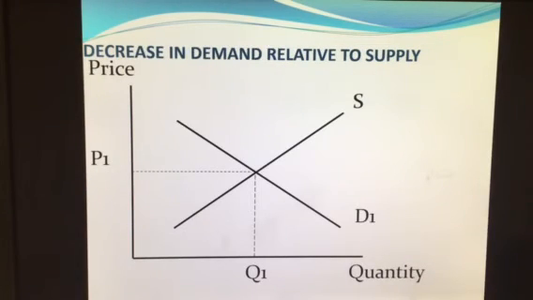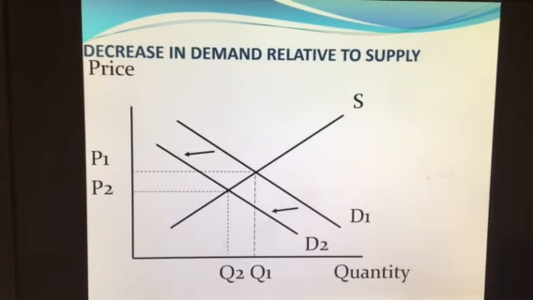We're going to have a starting point again. There's our D1, our demand curve at the outset, and the equilibrium quantity, Q1, and price, P1. And a decrease in demand is going to be depicted how? That's right, by a leftward shift in the demand curve. And notice what happens here. We have a new equilibrium price and quantity designated as P2 and Q2.